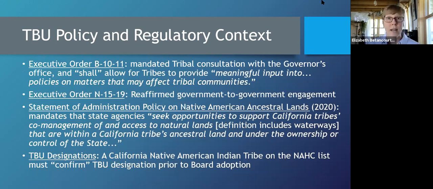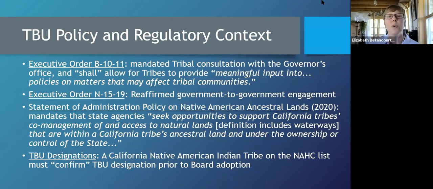There's been a lot of focus on the rights and sovereignty of tribes over the last few years, and really a policy investment in the right to self-determination in ways that we really haven't seen in previous decades. So I wanted to point out Executive Order B 1011, which was Governor Brown's executive order mandating consultation between states and tribes for any matters affecting tribal communities.